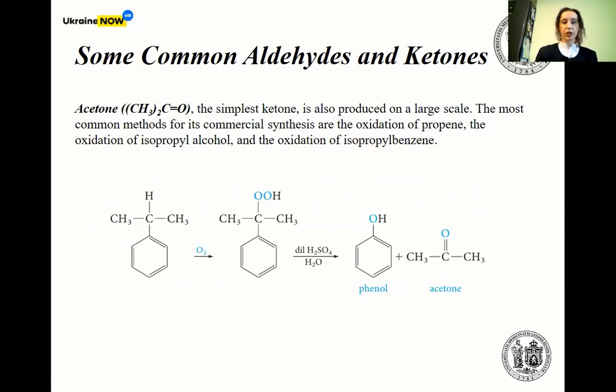Industrially, it can be synthesized from isopropyl benzene by oxidation, and next by acidification. And this process gives an advantage because two very important compounds are synthesized. One is phenol and another is acetone.